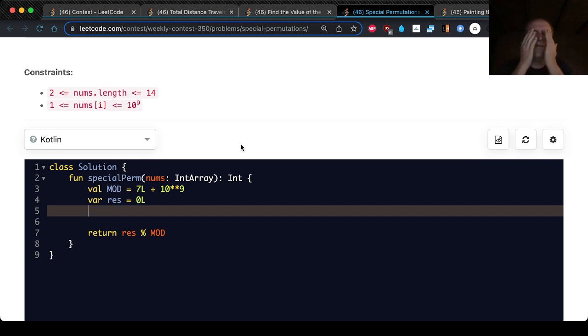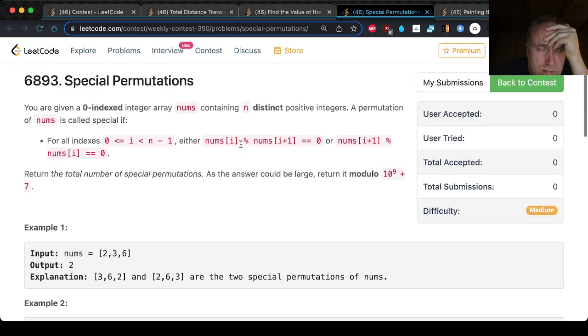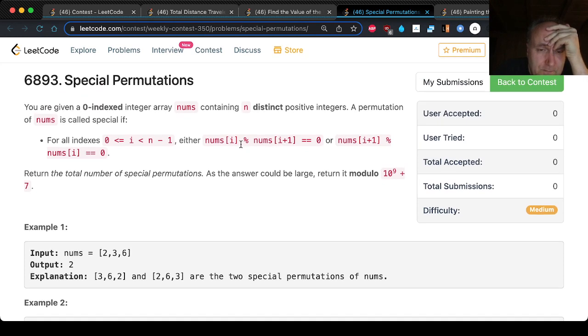Okay, so we need some kind of priority queue or so. I'm not sure. So we need a min heap. So first we get rid of the most difficult numbers, which are going to be the prime numbers, right? The most difficult numbers are going to be the prime numbers and the largest numbers.